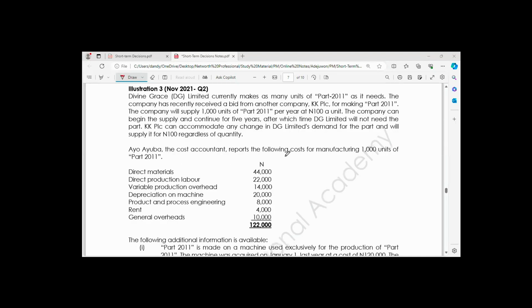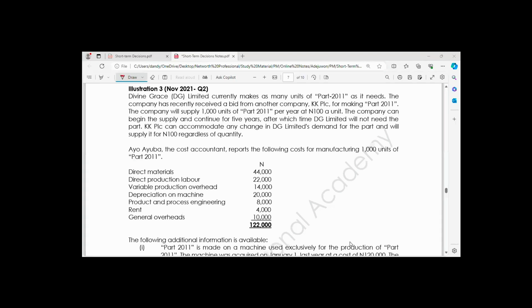Divine Grace DG Limited currently makes as many units of part 2011 as it needs. The company has recently received a bid from another company, KKPSC, for making part 2011. The company will supply 1,000 units of part 2011 per year at 100 Naira a unit.